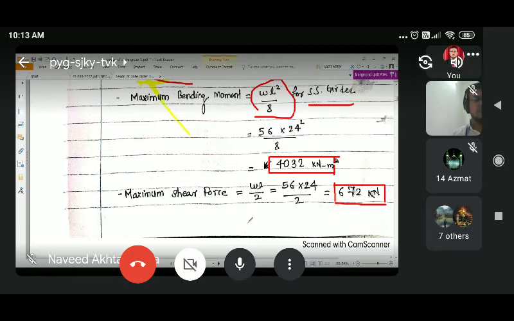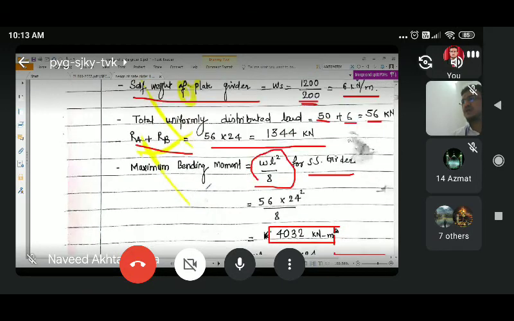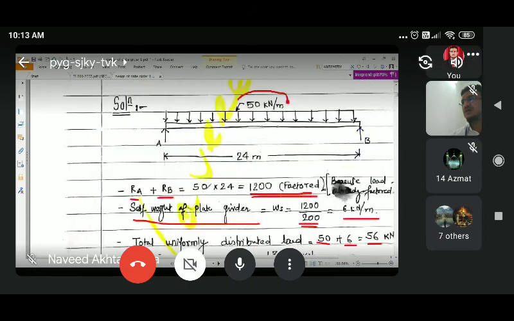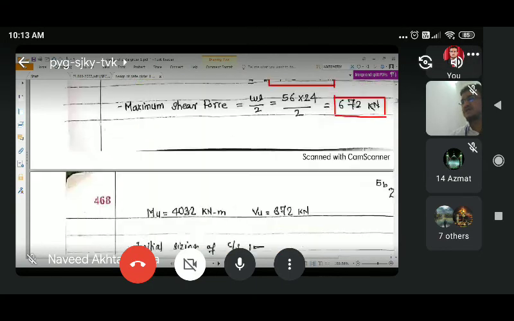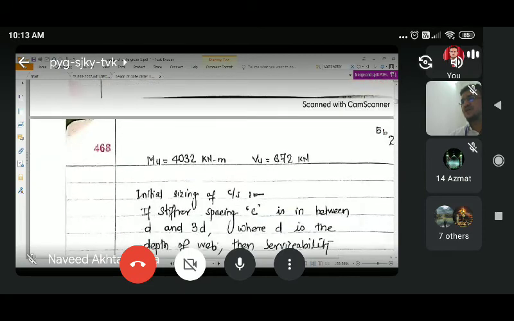This is the initial finding of the reaction forces coming on your plate girder. Now you know the maximum moment and maximum shear force.